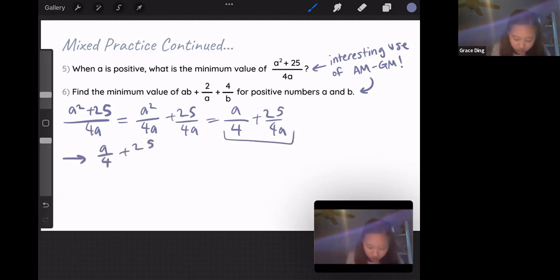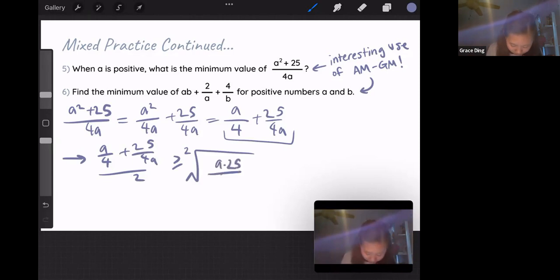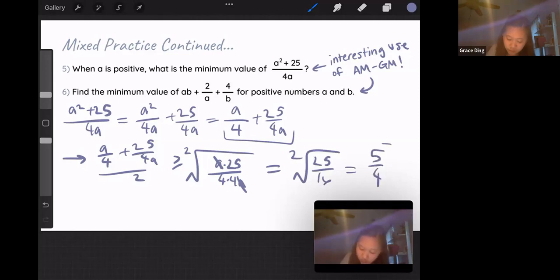So it'll be more than or equal to the geometric mean, which would be, okay, so this is probably the part where it ends up passing out. So it would be square root of 25 over 16, which is equal to 5 over 4. So the minimum value is 5 over 4.